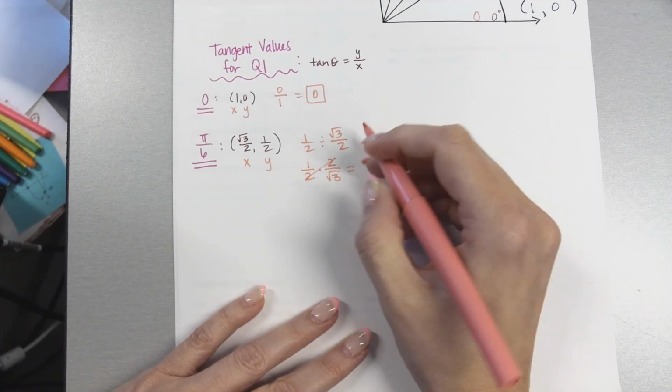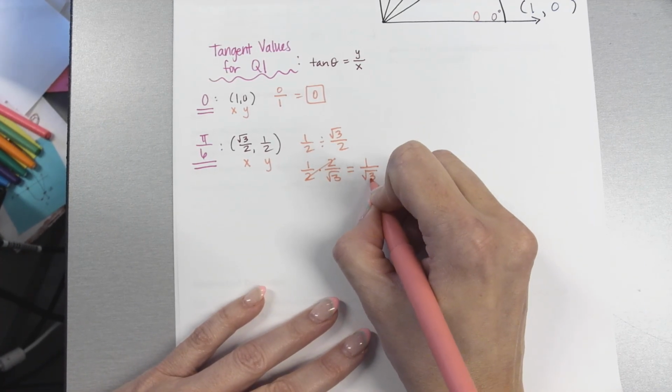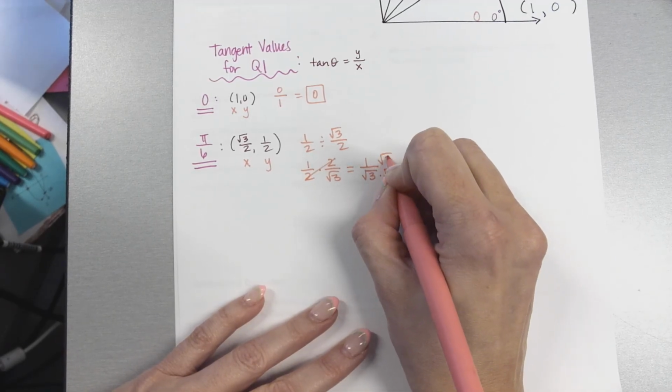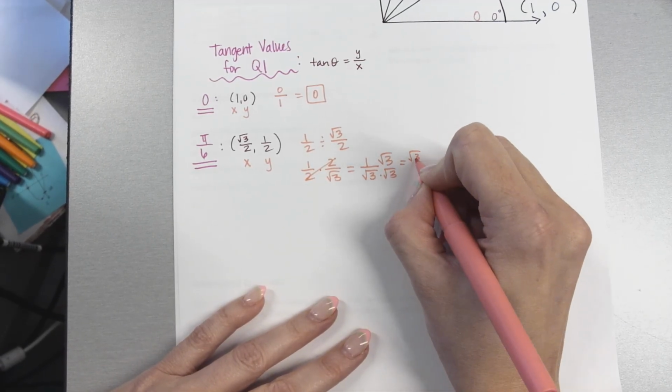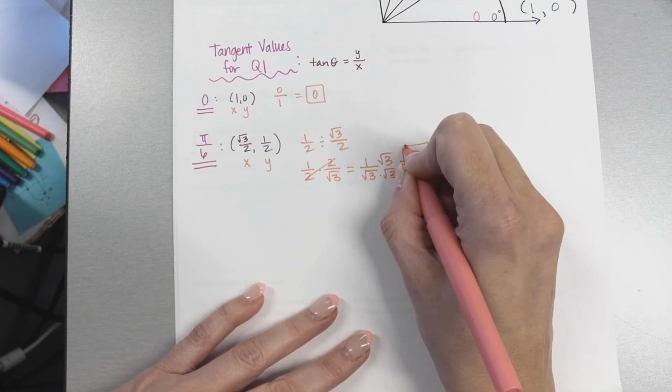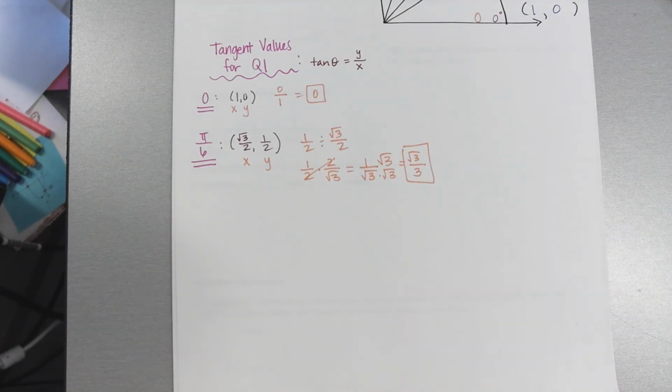Okay, so then these would cancel. We can't leave this as 1 over root 3, so we're going to multiply. So we get root 3 over 3. Okay, thumbs up if you got those.